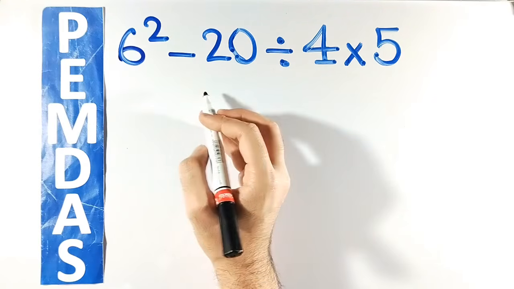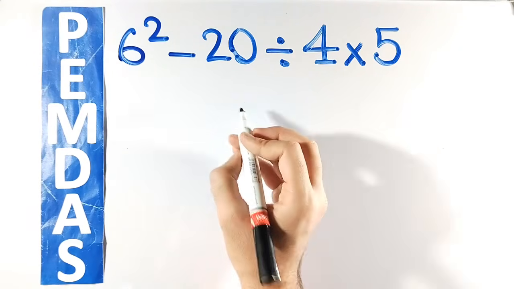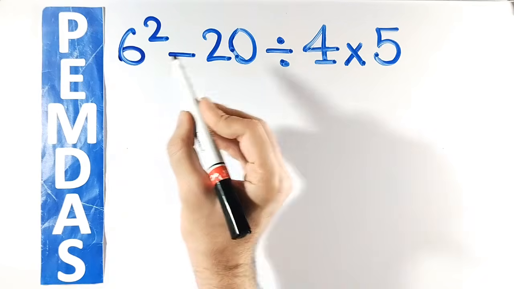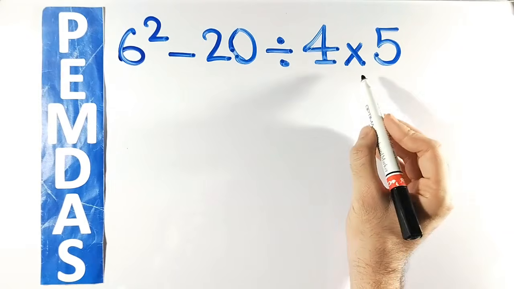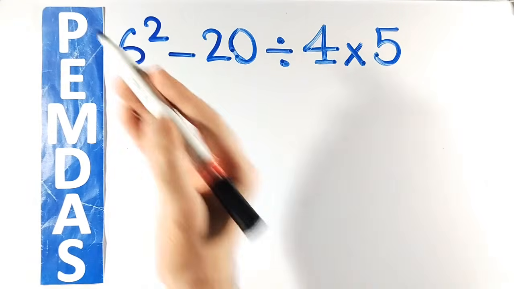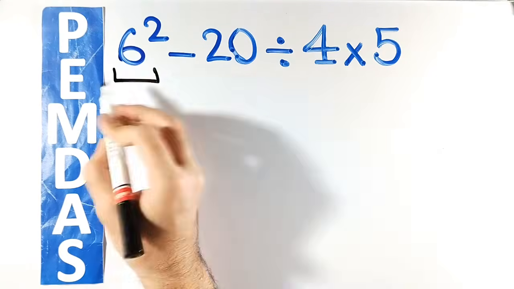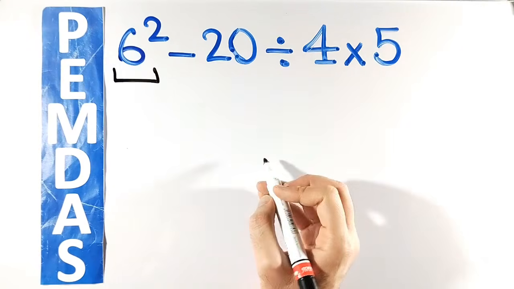To solve this question, we must follow a rule that is called PEMDAS. As you can see on the screen, in this equation, first we have an exponent, then a subtraction sign, followed by a division, and finally a multiplication. According to the PEMDAS rule, first we go for the exponent, because in this equation, exponent has a higher priority than the other operation.